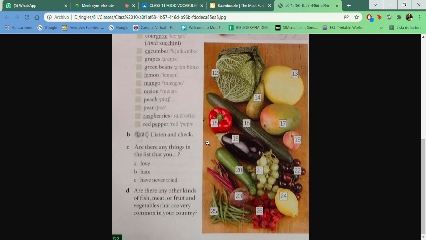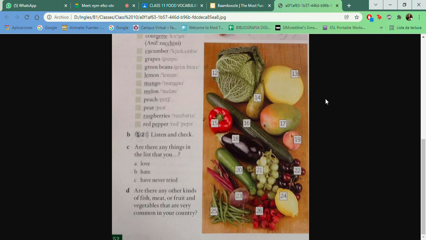No, those are not cherries. It's another type of berry. 22. Yes, 22 are cherries.